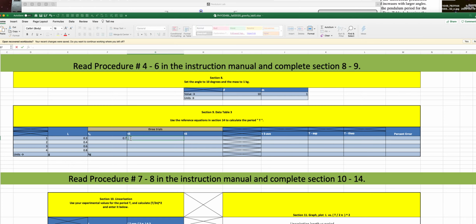So this is 0.75, and then let's say this was 0.7 or 89. To calculate the average, you can do it by hand, or you can type equals and then average.